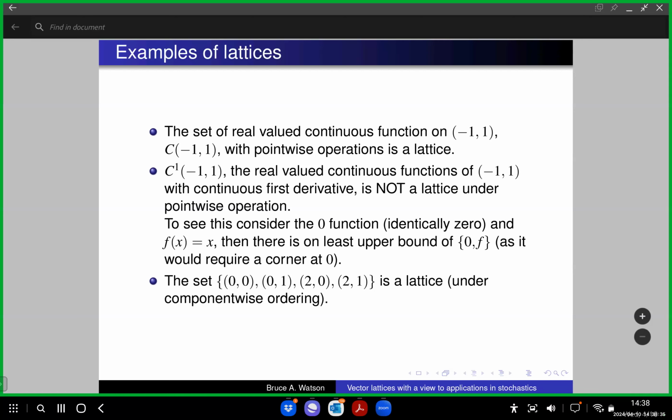We can take the supremum of (0, 0) with (2, 0), and we get (2, 0). And similarly, we can take the supremum of (2, 1) with any of the other vectors here, and we get (2, 1). And we can do similar things for infimum. So it is indeed a lattice.